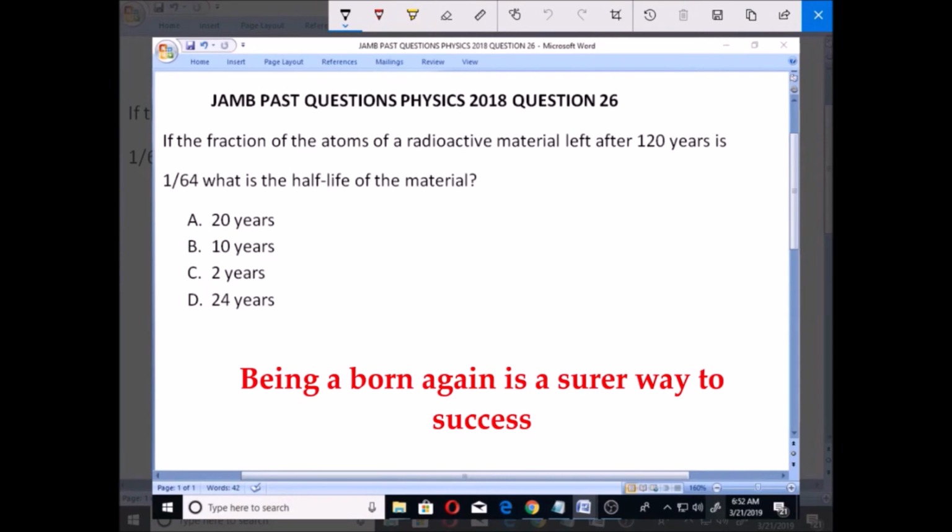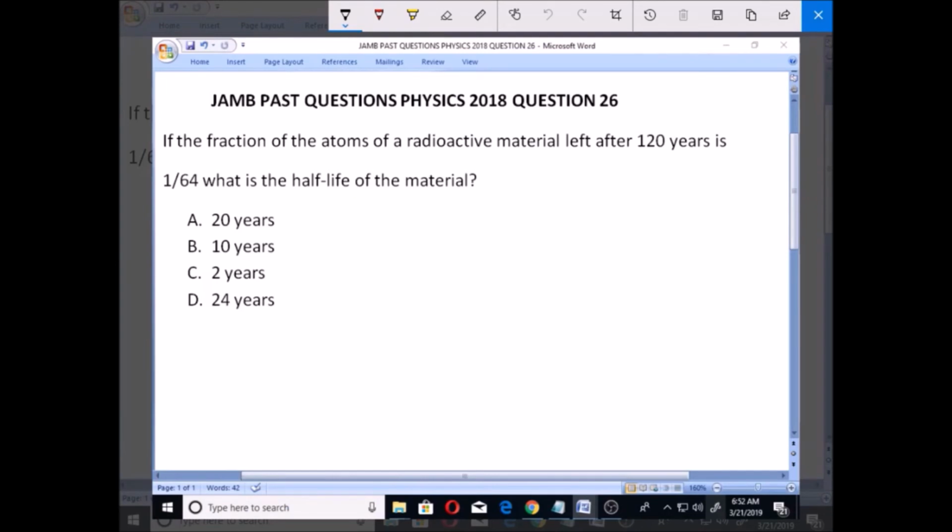Now, for us to be able to appreciate this question effectively, we need to first of all know what half-life is. And what is half-life? Half-life is the time required for a quantity to reduce to half of its initial value whenever there is radioactivity or in nuclear physics.